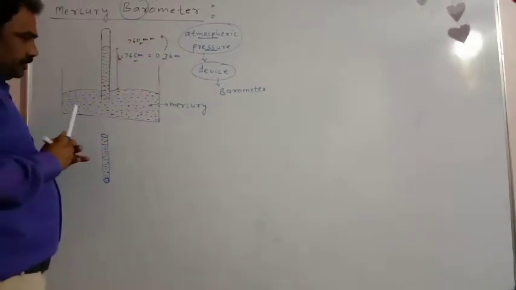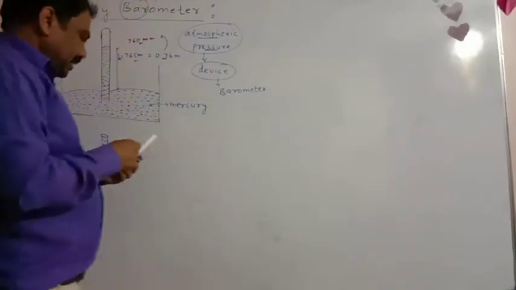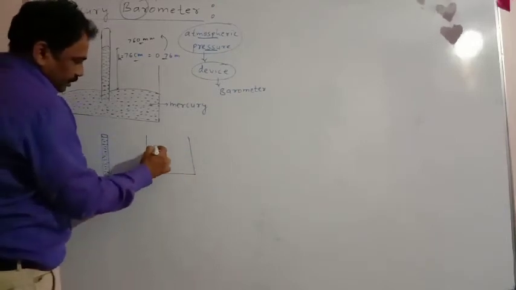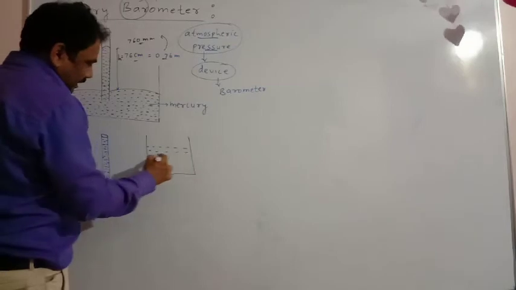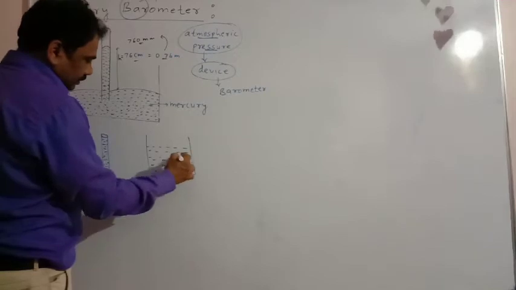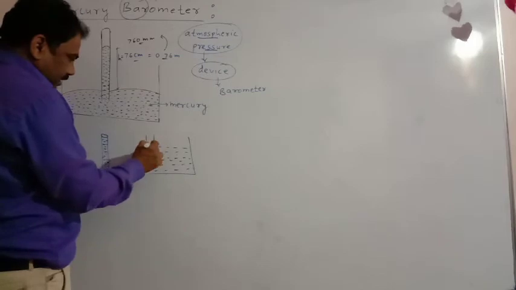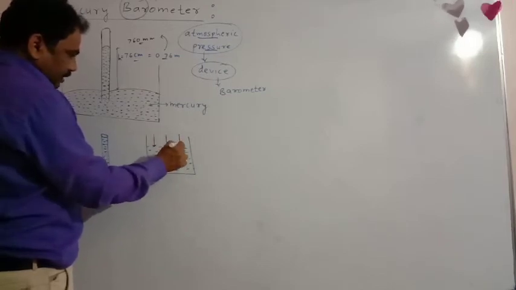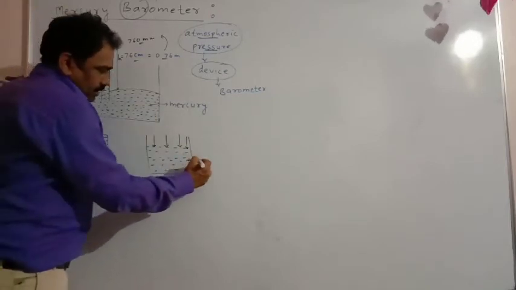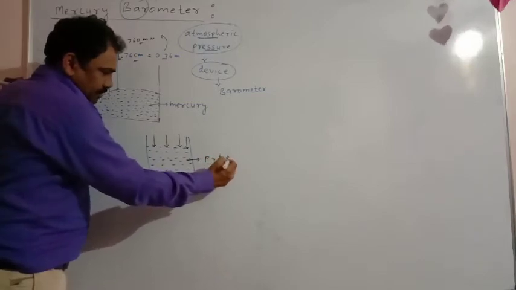Now see, we have seen the pressure is equal when the liquid is at rest. Suppose we are taking a liquid, this one is the liquid, which is taken in a container. In that case, the atmosphere exerts a pressure on the surface of the liquid which is the same, it is equal, and pressure is always equal to H rho g.